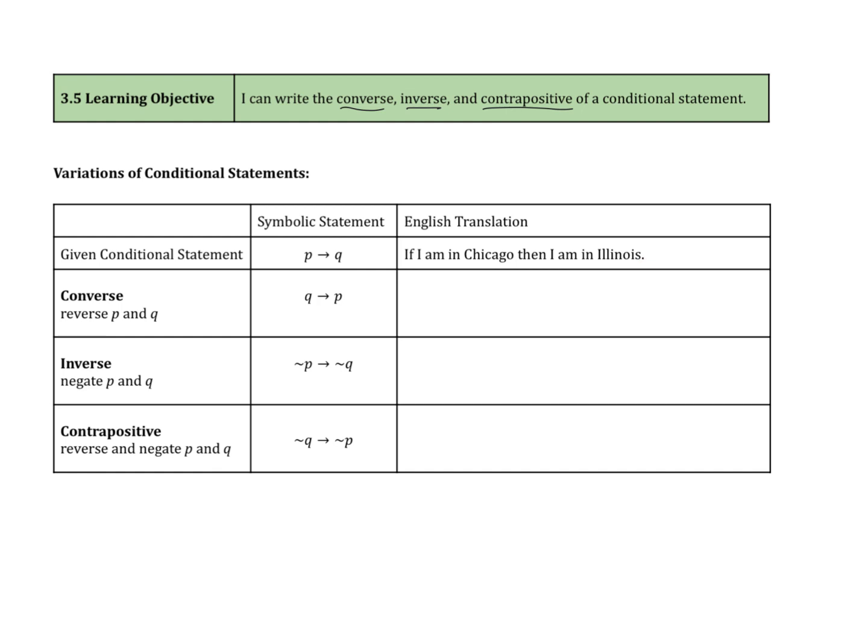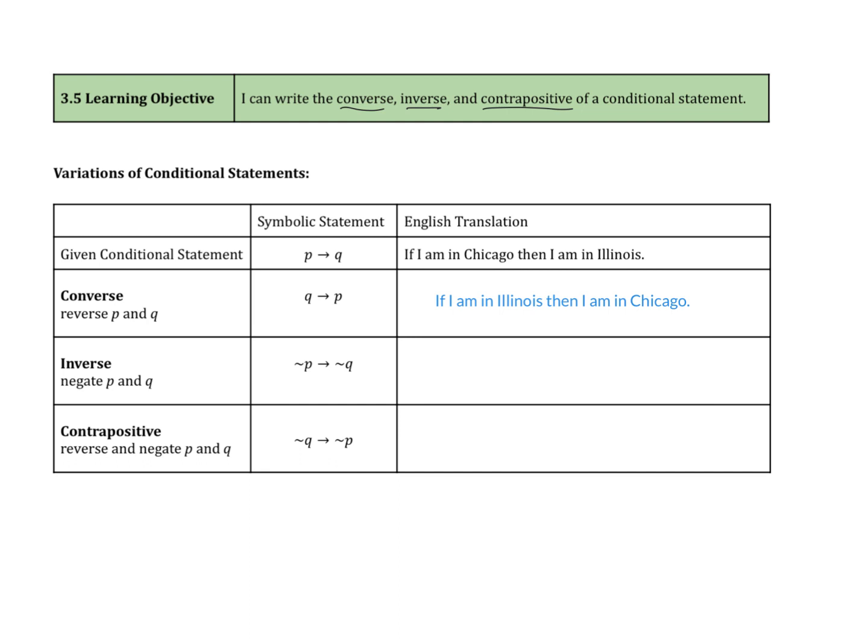The converse of that statement is the if-then statement you get when you reverse P and Q, and you get: if Q, then P. So the converse of "if I am in Chicago, then I am in Illinois" is going to be "if I am in Illinois, then I am in Chicago."